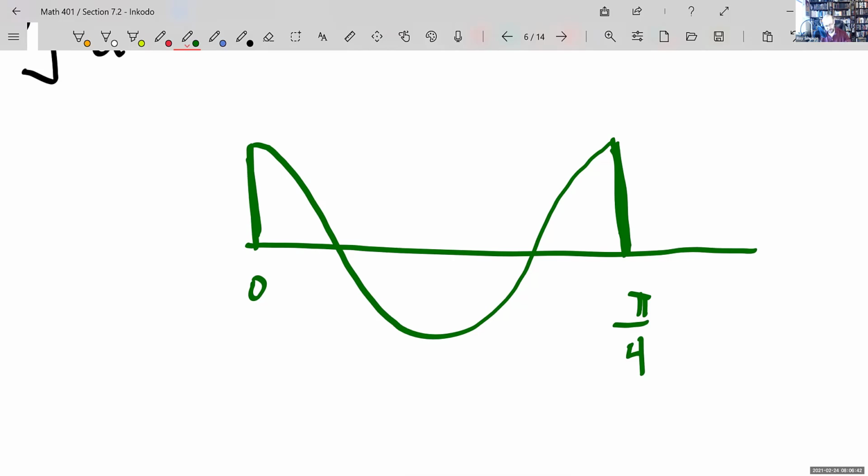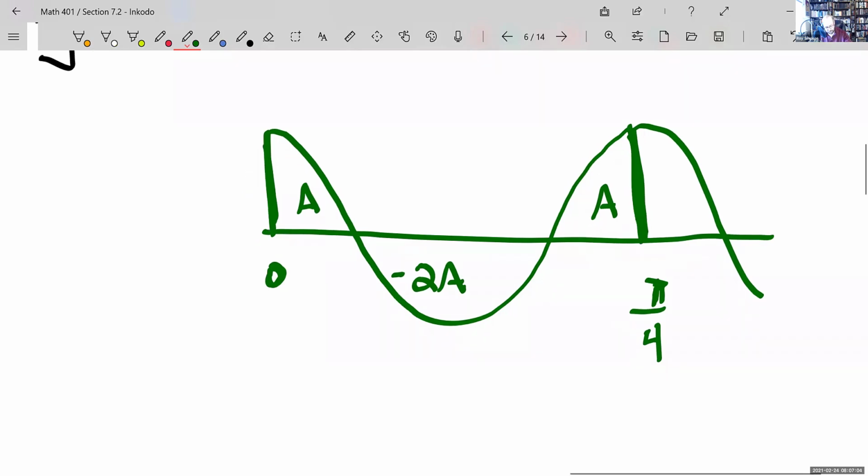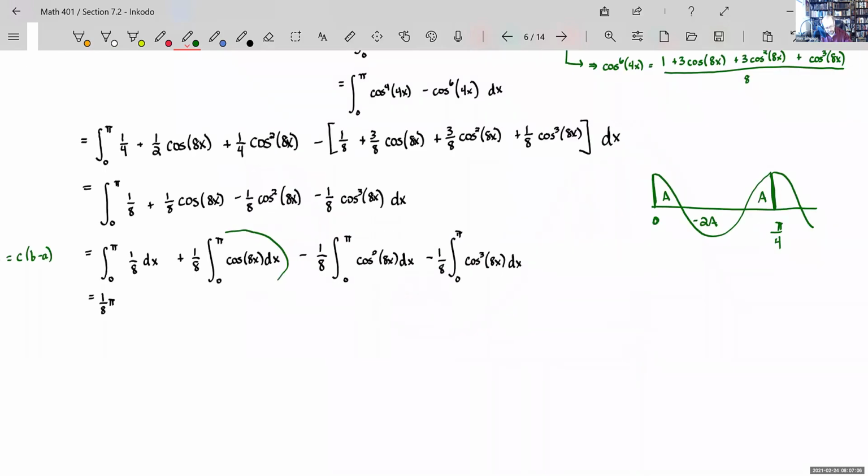Yeah, it's 0. You have an area here, you have the same area there, and you have 2 of the negative areas here. And so it becomes 0. And that's just from 0 to pi over 4. But if you have 4 sets of those to get you to pi, all those areas would add up to be 0. So you can use the symmetry. With trig functions, symmetry is beautiful. There's no need for me to evaluate this integral. It will become 0.